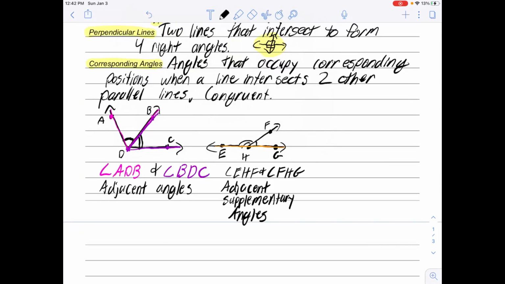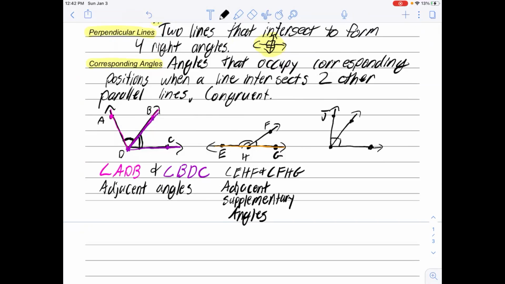And then my other type of adjacent angles will look like this. Maybe you can already guess what it's going to be called. Now that I have that square, we know that that is a right angle. So I draw a line here, and I name points on all of these lines.